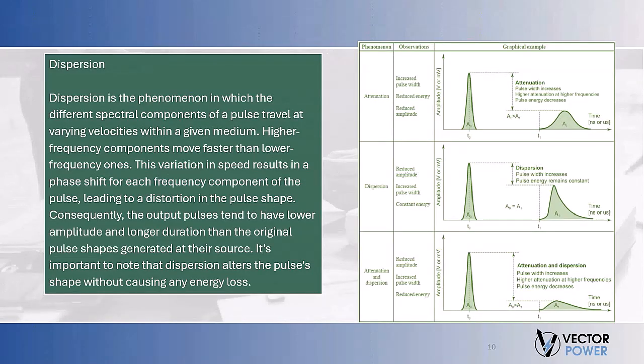Consequently, the output pulse tends to have lower amplitude and longer duration than the original pulse shapes generated at their source. It's important to note that dispersion alters the pulse's shape without causing any energy loss.